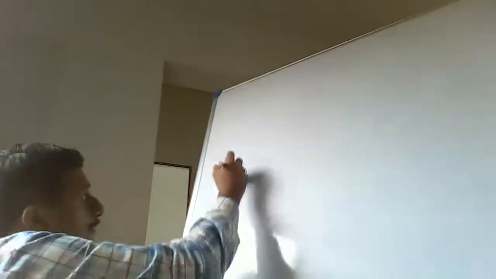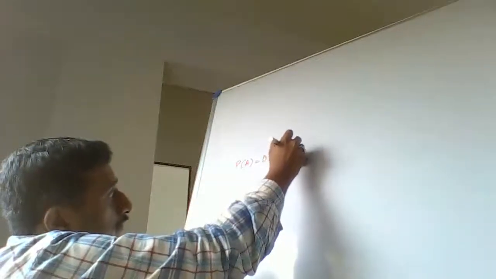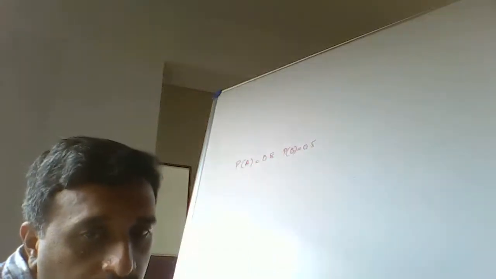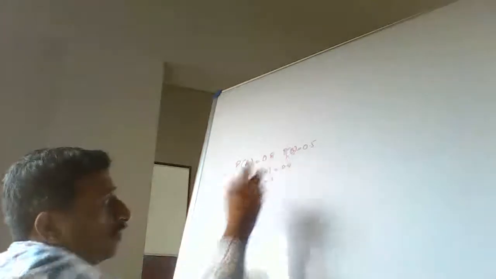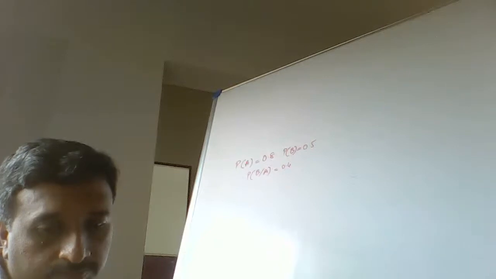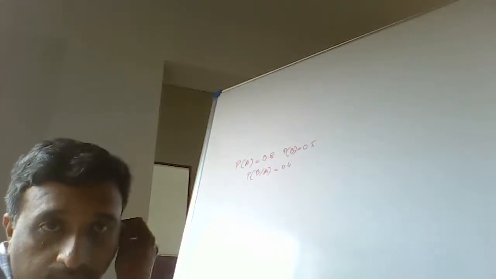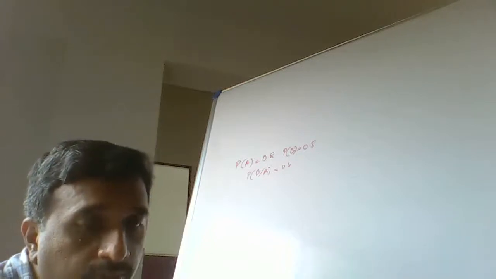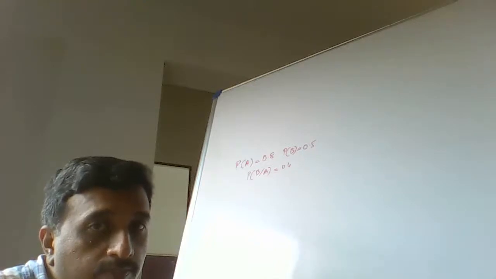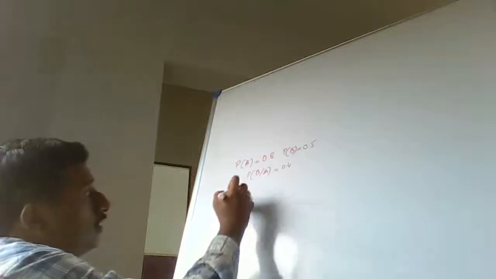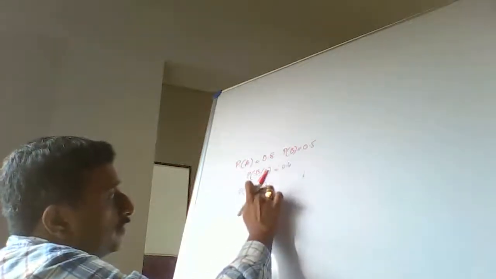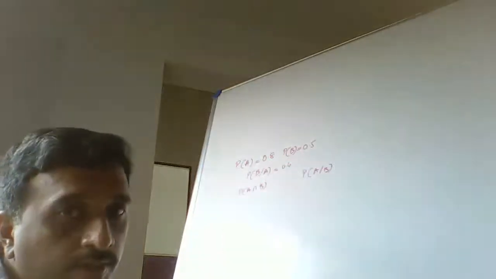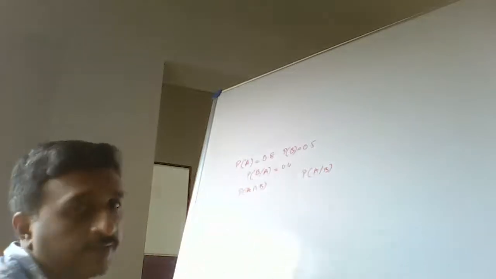The next problem is, if P of A is 0.8, okay, and P of B is 0.5, let us find what is P of A given B, where P of B given A is given as 0.4. Okay, so we have to find P of A intersection B and then P of A given B. Let us first find these two.